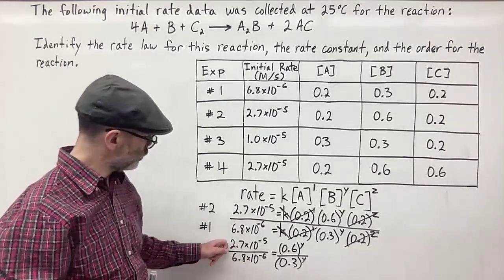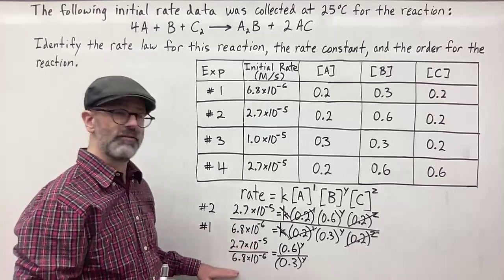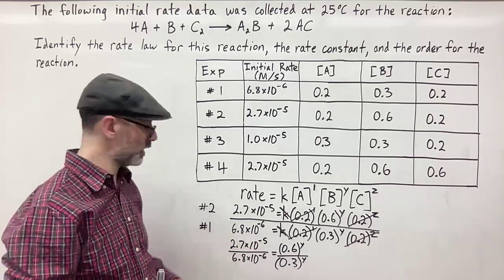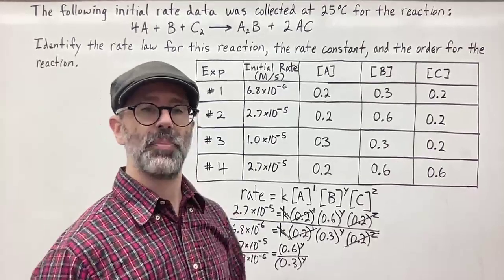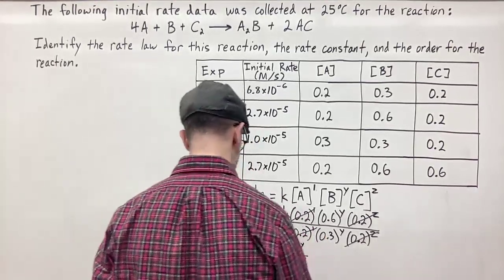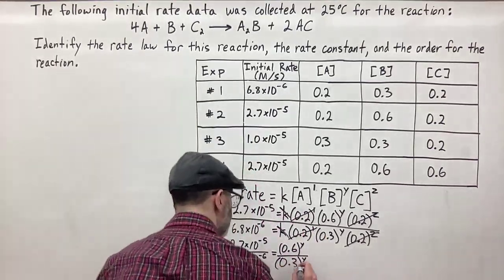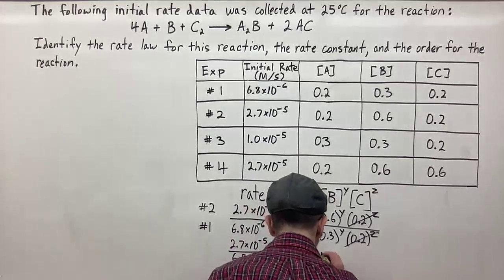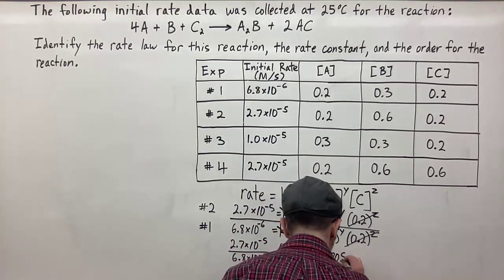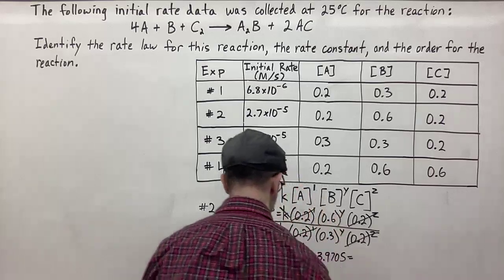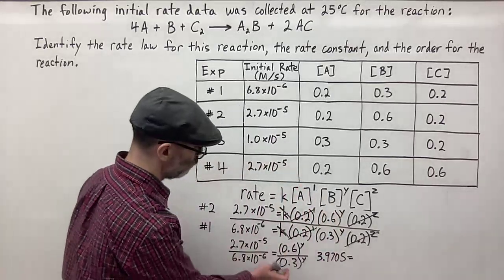So we're going to take 2.7 times 10 to the negative 5 divided by 6.8 times 10 to the negative 6, and we get 3.9705. So let's write this over here: 3.9705 is equal to, and then we'll divide those two.